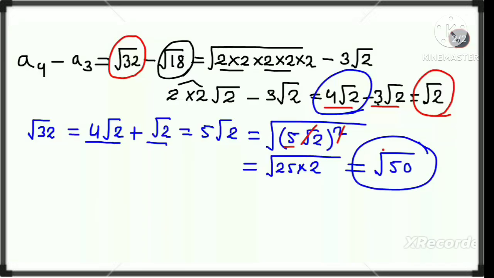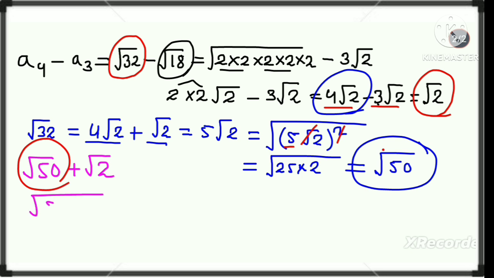Now again, if we add common difference to its 5th term, then we can obtain its 6th term, right? And here our 5th term is root over 50 plus, and common difference is root over 2, and this root over 50 can be written as its prime factors 5 into 5, 25, and 25 into 2, 50, plus root over 2 as it is.